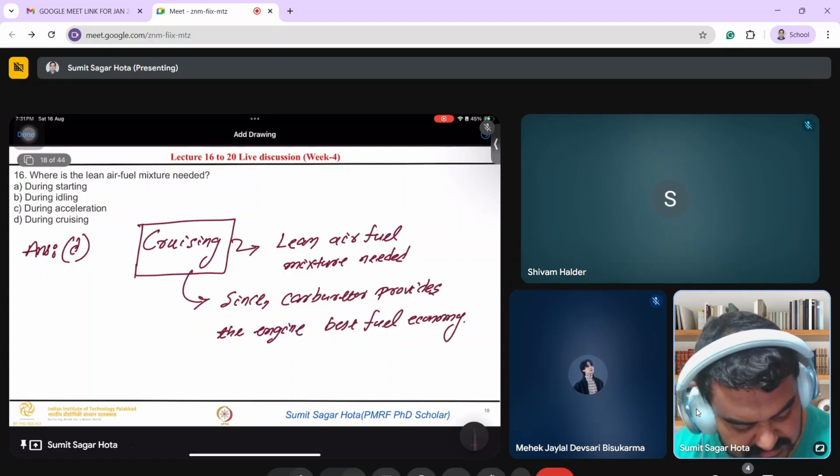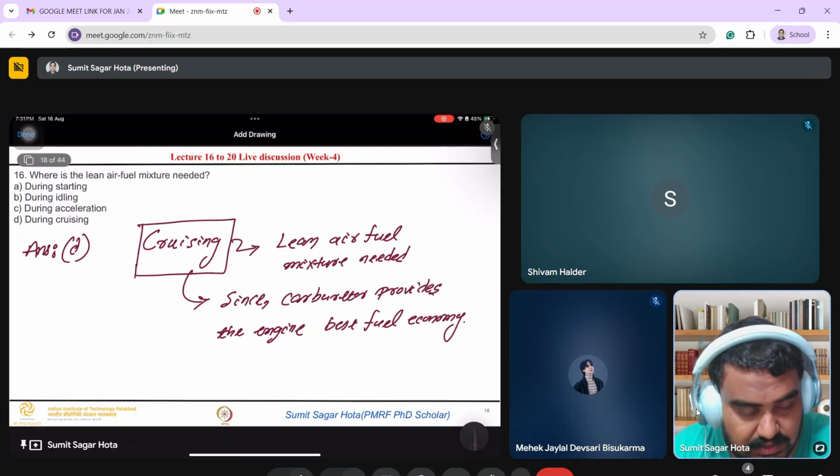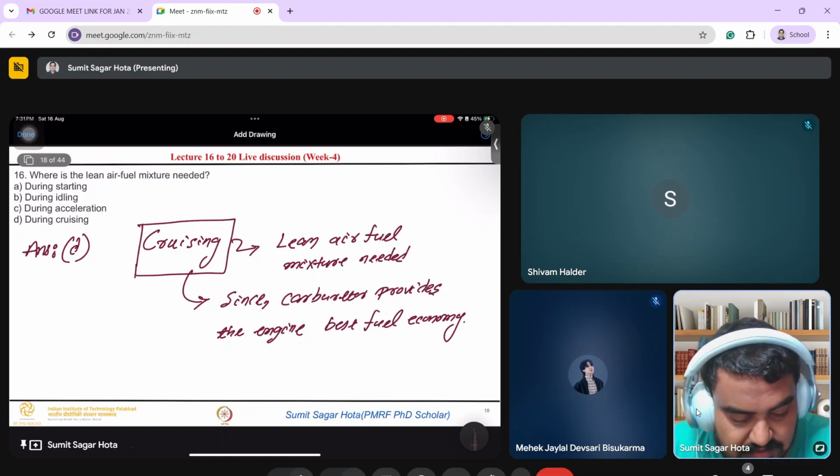While cruising, this carburetor is actually operating on the lean condition, because in cruising we don't need that much combustion to be happening. Whatever momentum we have already generated during the takeoff, in that force it is actually going to only glide in the air. So in cruising we don't need that much amount of fuel.